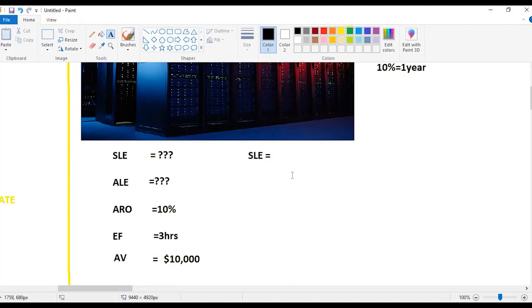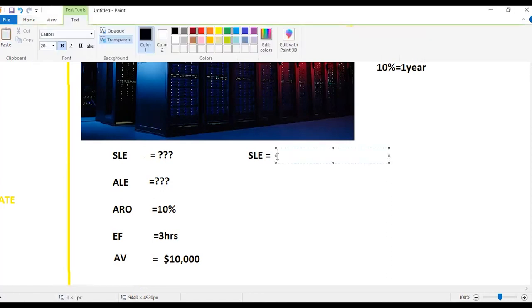No, sir, we are here to find SLE, single loss expectancy. What can the equation be? AV, the asset value, how much money you have, and EF, how much time your asset is in failure.